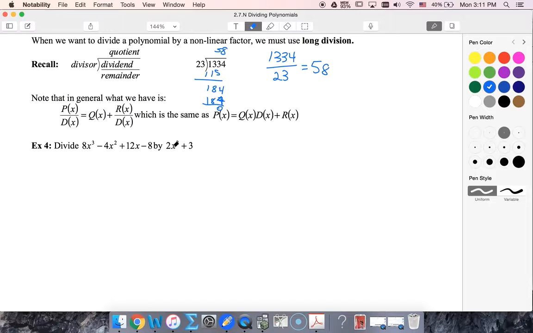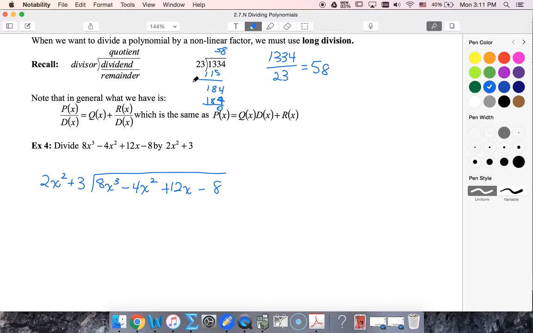So I'm going to take 2x squared plus 3 and divide it into 8x cubed minus 4x squared plus 12x minus 8. Notice I would need to fill in zeros inside if I didn't have every single term. I don't need to fill in zeros out here. So 8x cubed minus 4x squared plus 12x minus 8.